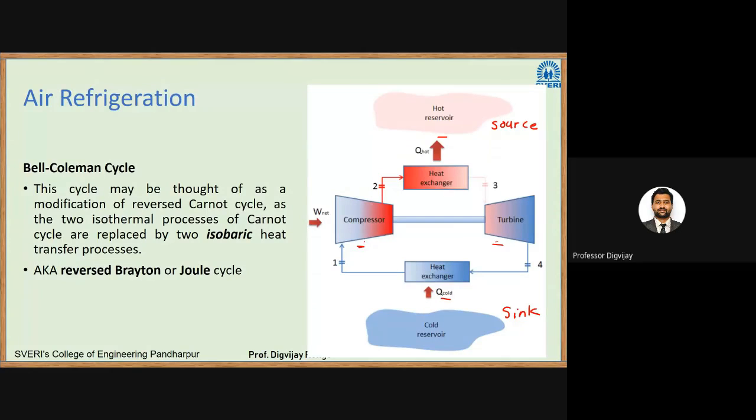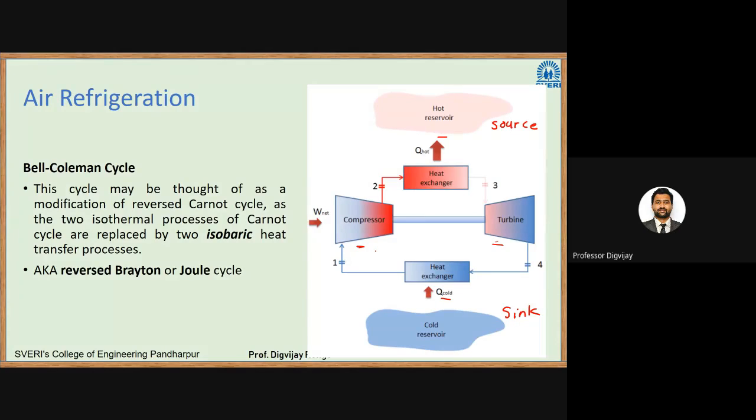If you have not drawn the diagram, you can draw it. This is a general representation of the Bell-Coleman cycle. We have two heat exchangers. Heat is taken from the cold reservoir and transferred to the hot reservoir. In between, we have one expander, that is a turbine, which is coupled to the compressor, whose function is to compress the air. Up to now, we have taken air as a refrigerant.